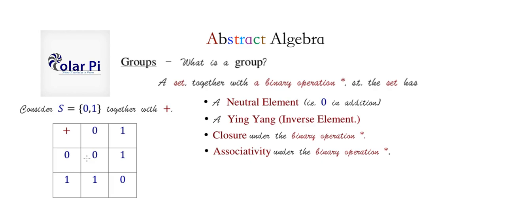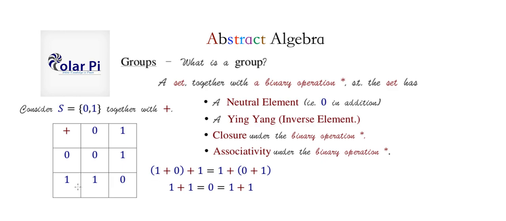Now, the last thing that we need to do is check associativity, right? For that, we can check this, and we see that this is what we're going to get. If we check whether 1 plus 0, and then plus 1, is equal to, then this is checking for associativity.